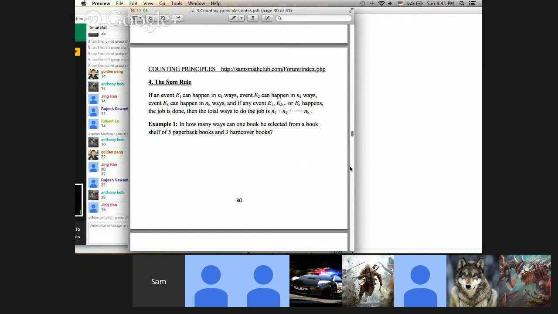I think you guys might be overthinking this problem a little bit. It's just how many ways can one book be selected from 5 paperback books and 3 hardcover books?